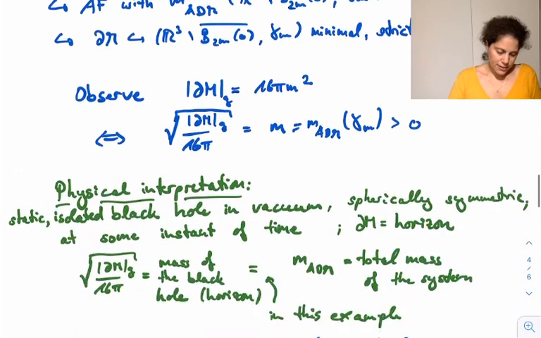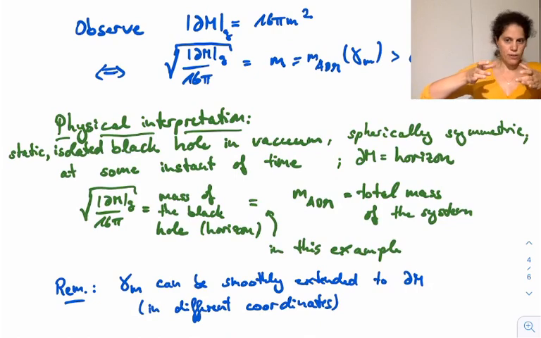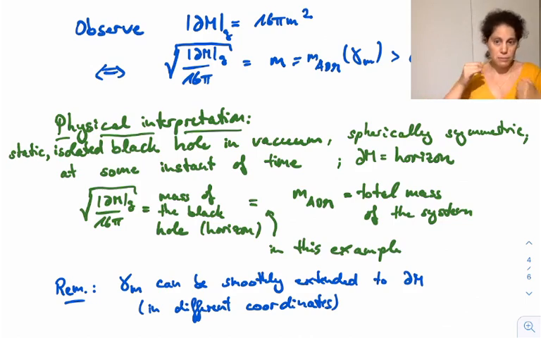There's a physical interpretation of this whole Schwarzschild example. It models a static, isolated black hole in vacuum, of course spherically symmetric, at some instant of time, and the boundary of M is then modeling the horizon of this black hole.